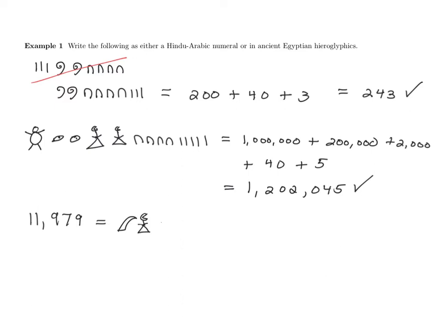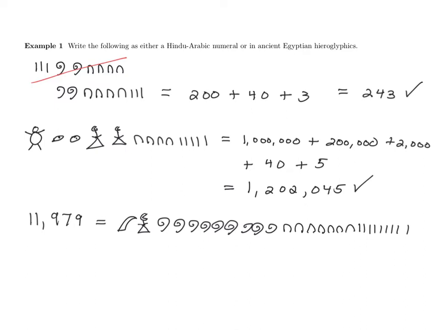Okay, so if we do that, we have 1, 2, 3, 4, 5, 6, 7, 8, 9. Okay, next we have to put 7 of these, so that's 1, 2, 3, 4, 5, 6, 7, followed by 9 of these symbols, so 1, 2, 3, 4, 5, 6, 7, 8, 9. So to express this number in hieroglyphics would be written like this.